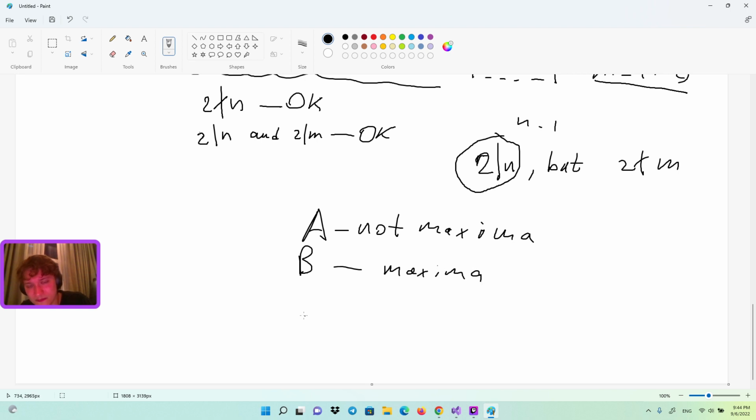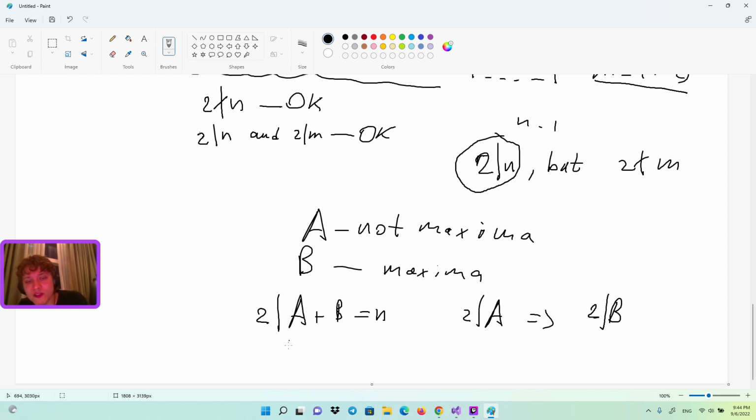As you know, A plus B is n, and as we know, it is even. But also we know that A is even. Thus, B has to be even.